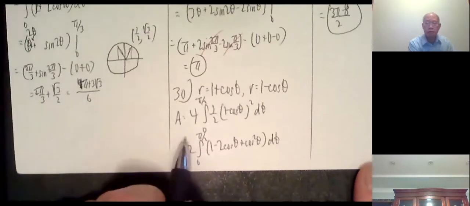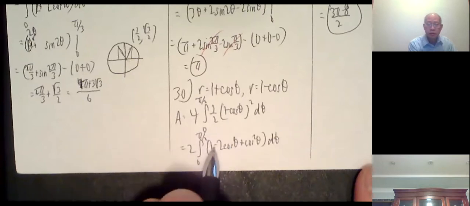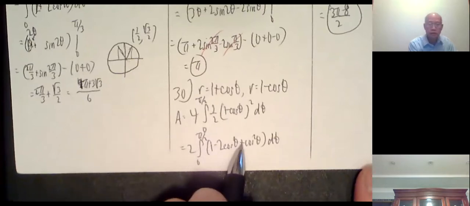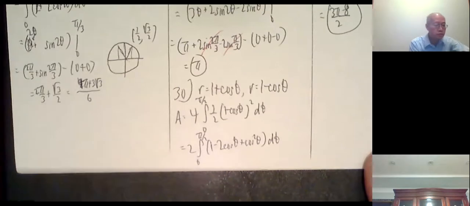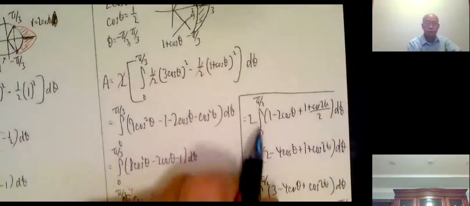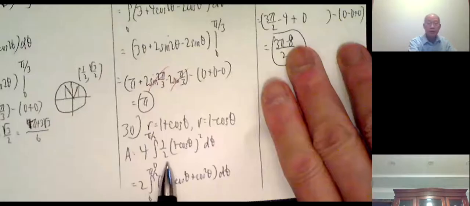Okay, I'll finish that. 4 times 1/2 is 2. 1 minus 2 cosine theta plus cosine squared theta. There's cosine squared again: 1 plus cosine 2 theta over 2. 1 minus 2 cosine theta stays the same.